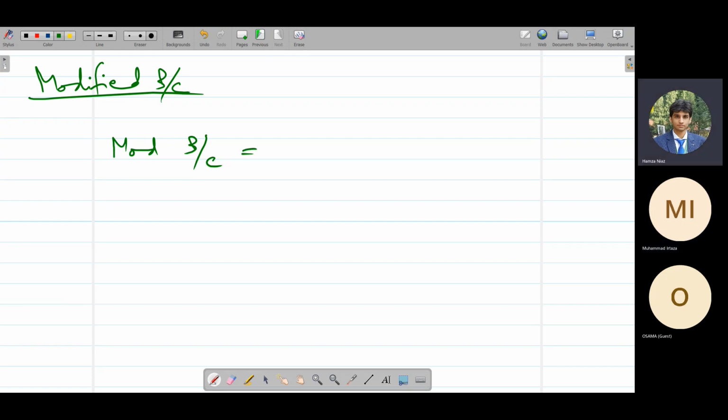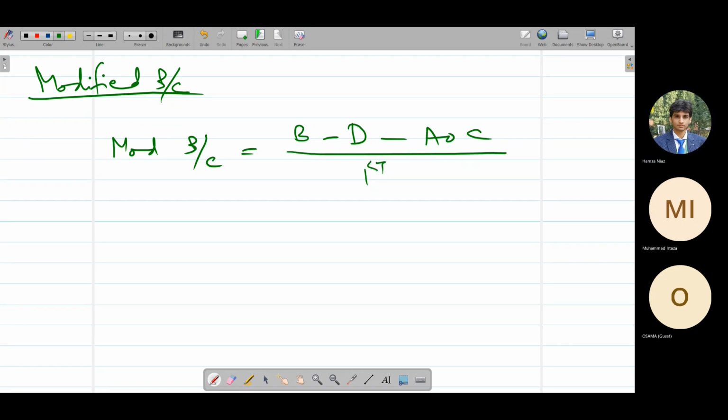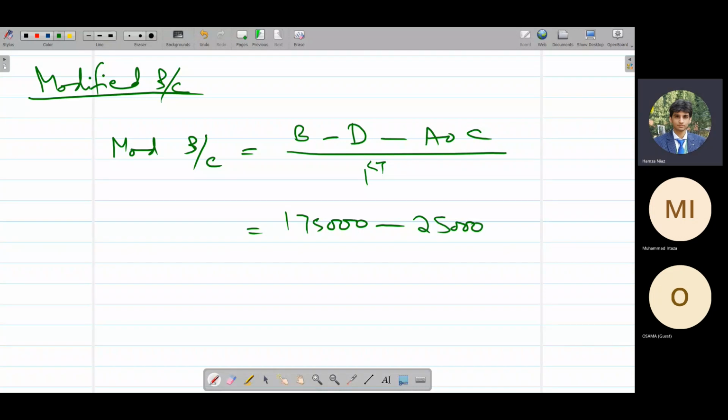So modified B by C, what the modified B by C was saying: the benefit minus disbenefit minus annual operating cost divided by initial investment, first investment. The benefits are 175,000. The disbenefits are 25,000. Annual operating cost is 40,000. The initial investment is 1.4 million.